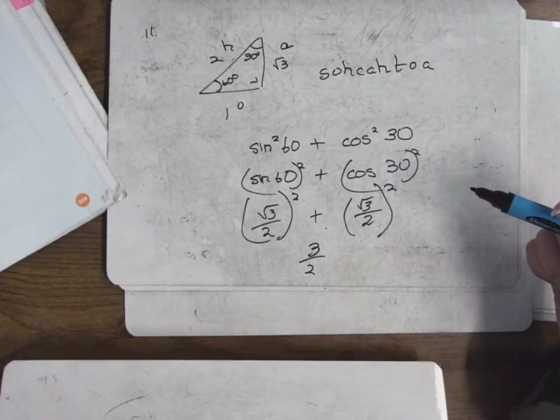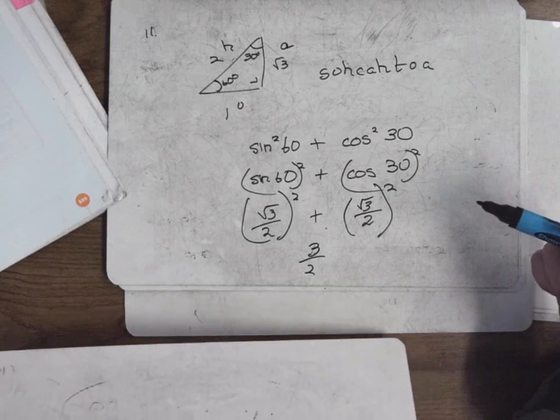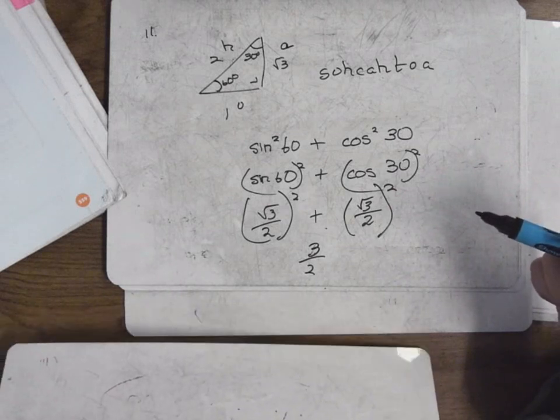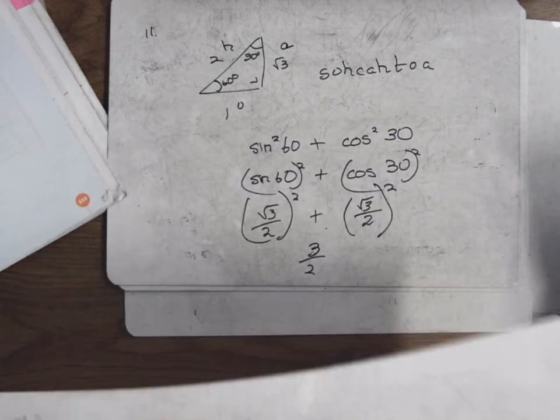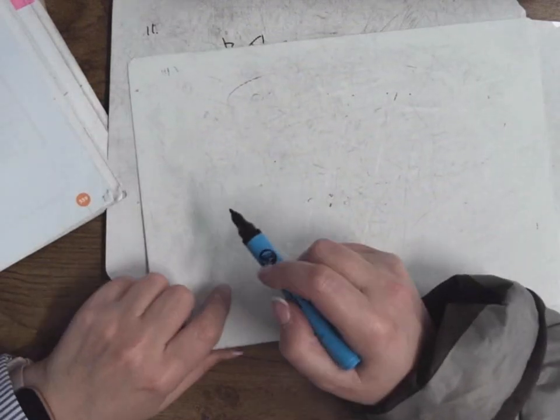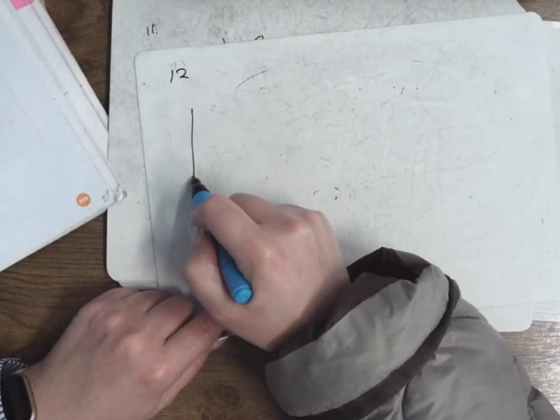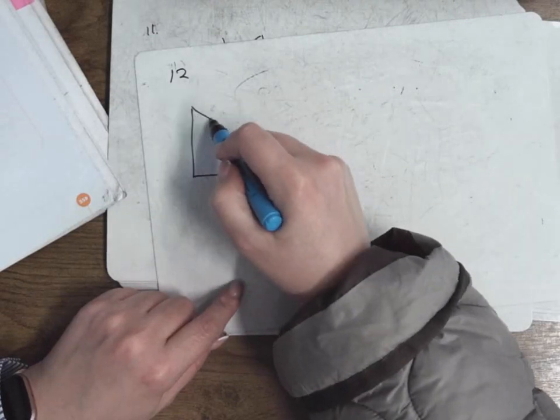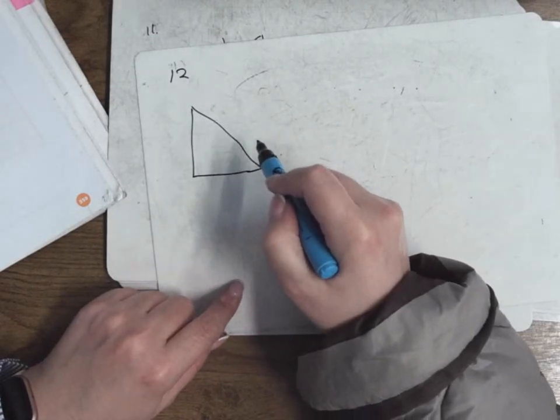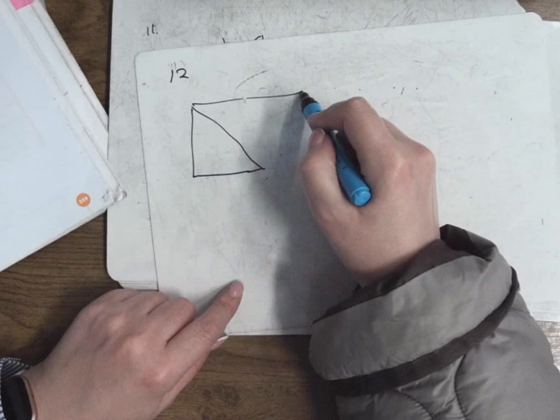Right, 12. So 12 has a right angle triangle here, and then we have another triangle up here.